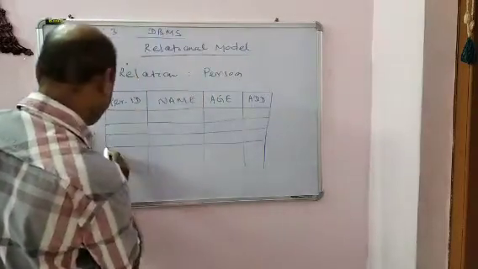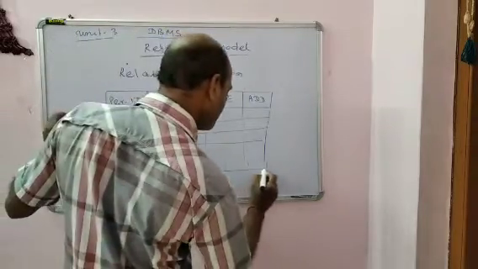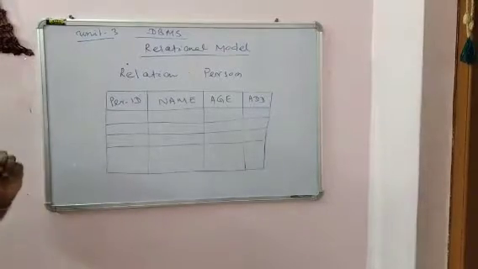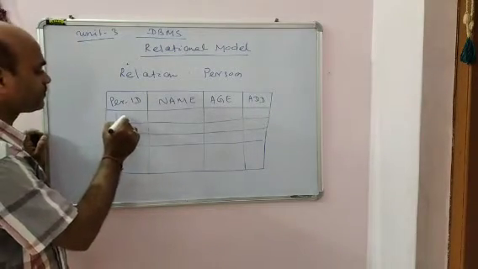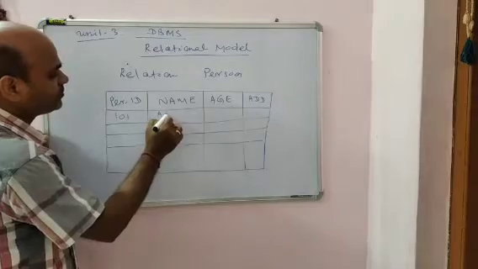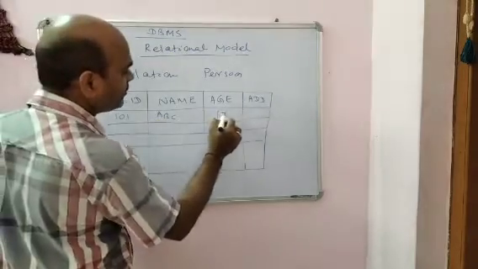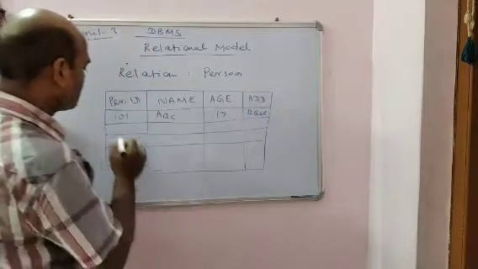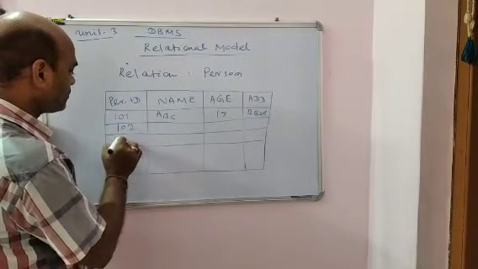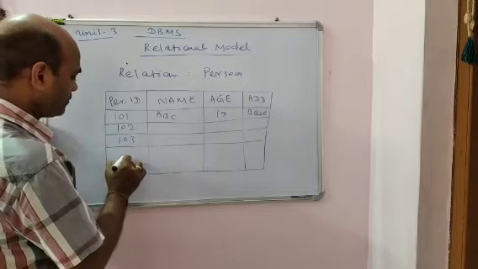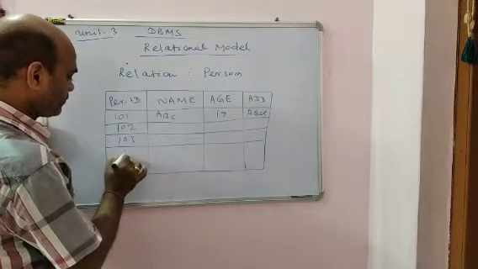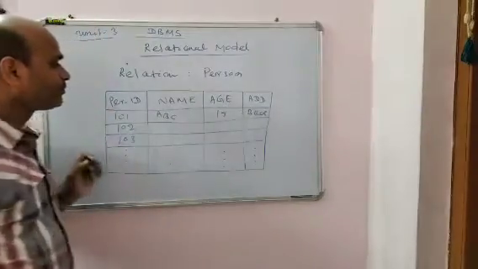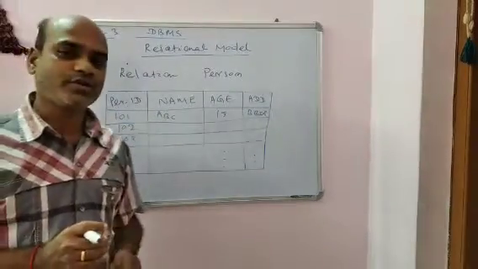In this way we can store a number of pieces of information. Suppose person ID 101, name ABC, age 19, address BBSR. In this way we can enter so many values in this table.